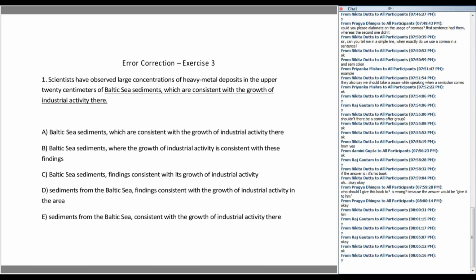The problem is that the word which is referring to sediments, whereas he's talking about the observations made by the scientists. The subject of the sentence is the observations made by the scientists. It is the observations that are consistent. It is not the sediments with which are consistent.